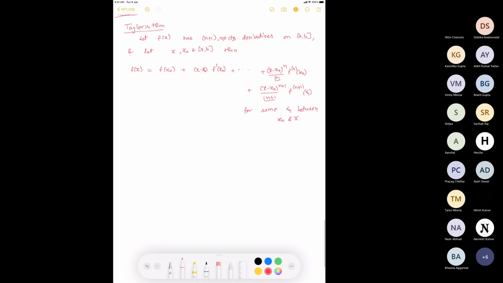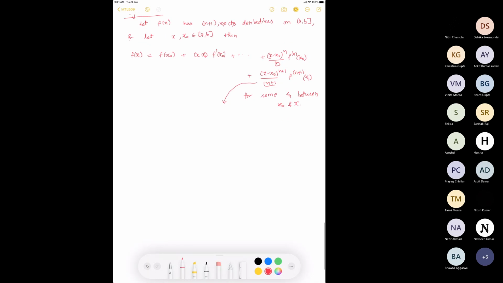So you have another form of this term. The remainder term can be written in this form also. Actually, when you prove this theorem, you get it in this form, and then you have to see how you get this term.